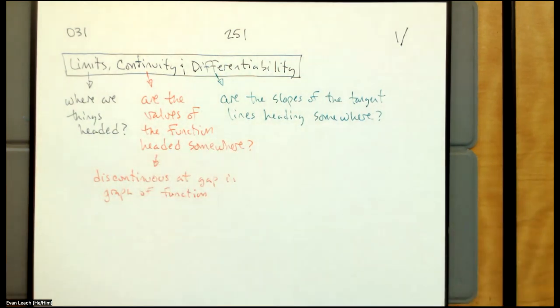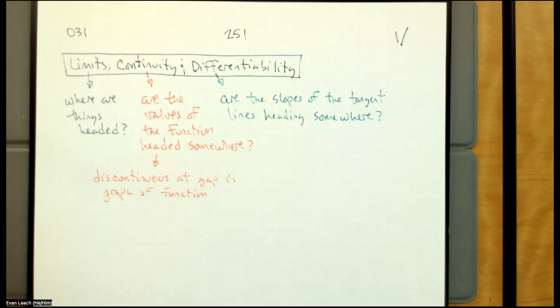If there's a gap in the graph of the function, that's a discontinuity. The function is discontinuous at that point, because either the function is not defined there or the limit doesn't exist, because going to the left and coming from the right are going to different places.